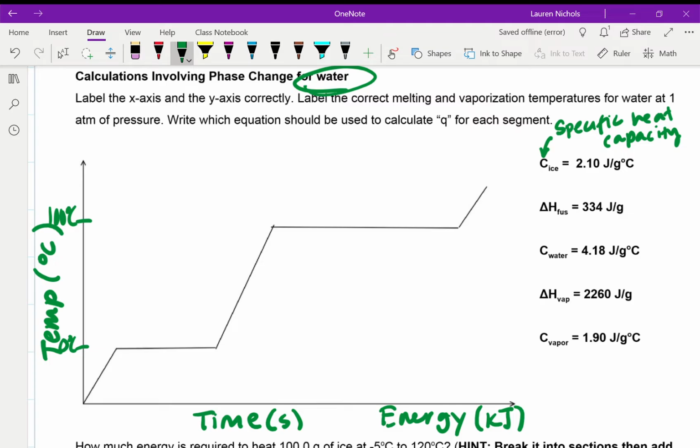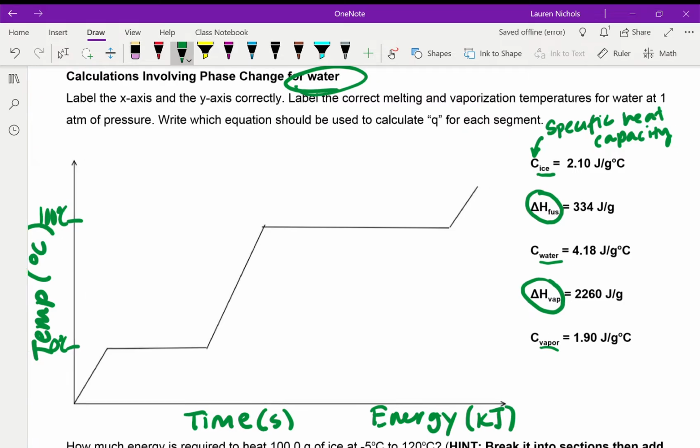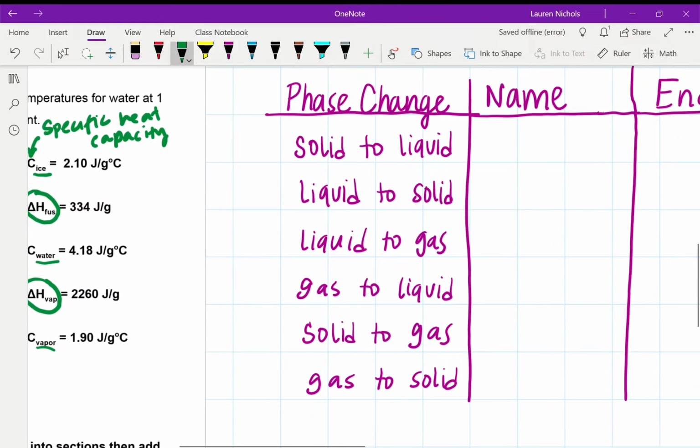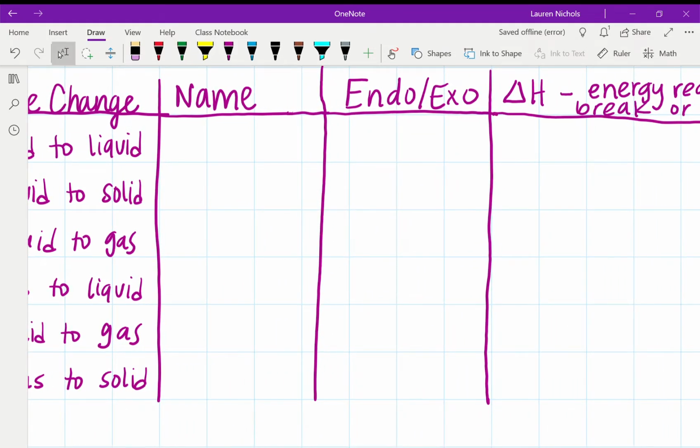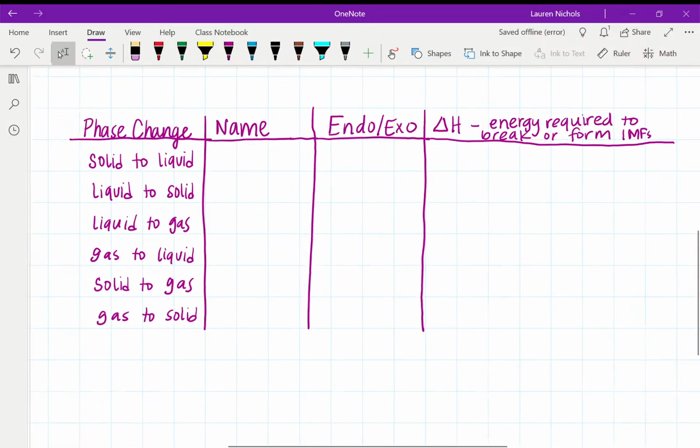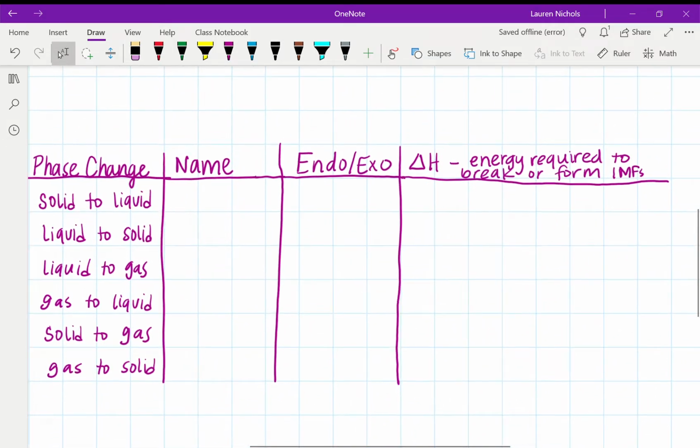So we have the specific heat of ice, the specific heat of water, and the specific heat of vapor, or H2O when it's a gas. We also see this delta H value here. And I want us to pause on this calculation, and we're going to go over to a little graph to summarize our phase changes, and I want to explain what delta H is.